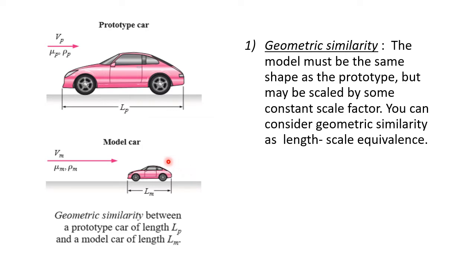That scaled down structure of the car we call the model, and we are going to study all the effects on this, and next we design it. So this we call geometric similarity.